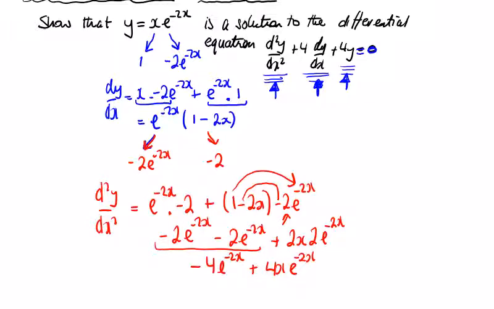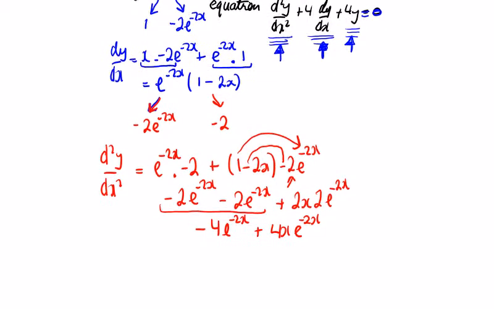So there's a 4e to the power of minus 2x in both. So let's factor that out. 4e to the power of minus 2x is going to be a 1 just for this guy, an x for this guy, and a minus 1 for that.